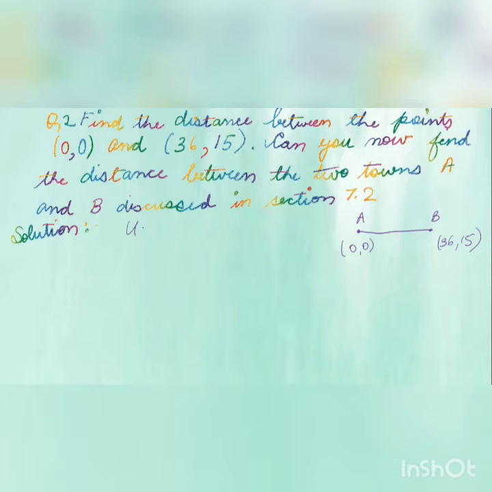Then using the distance formula, you can write AB equals under root x2 minus x1 square plus y2 minus y1 square.